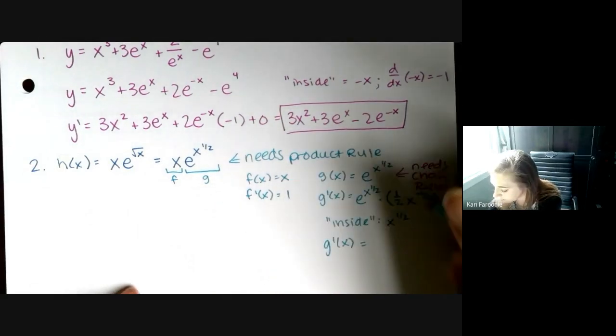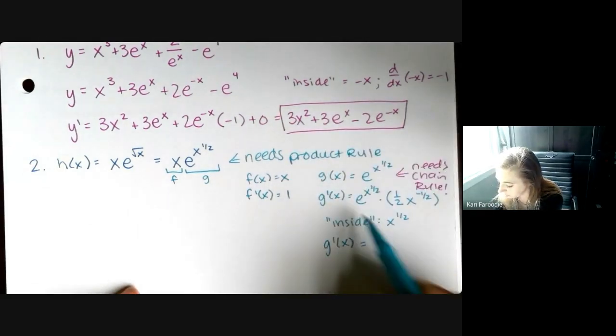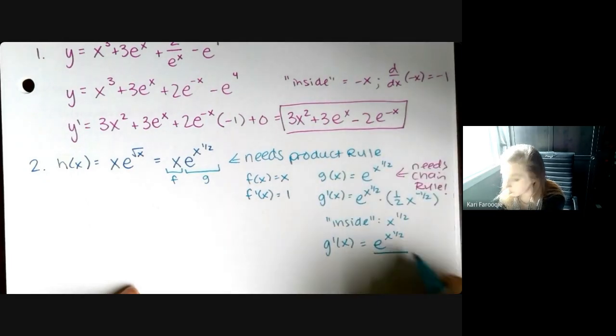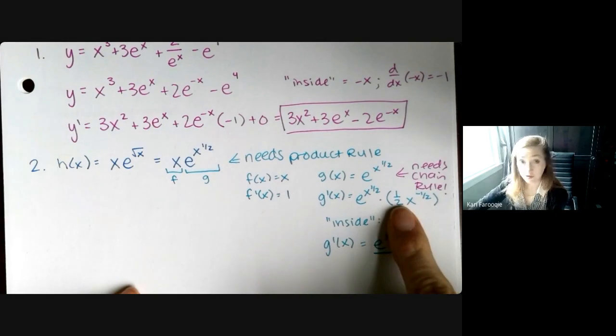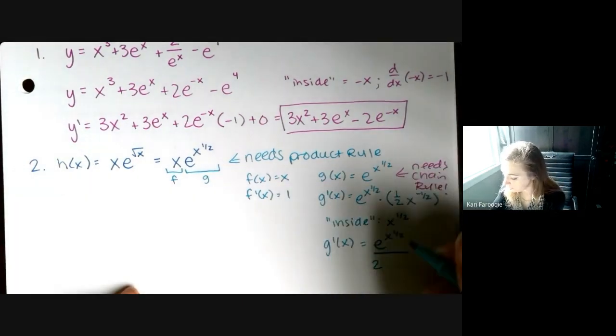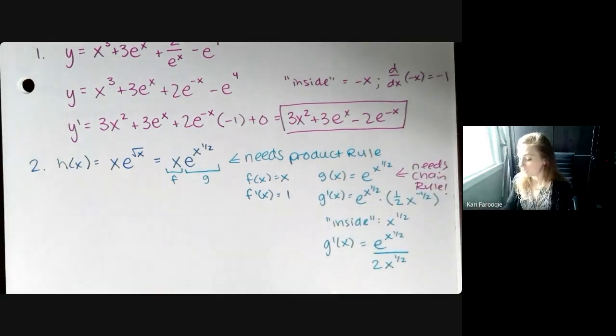So I'm going to rewrite my g prime as, I'm going to leave e to the x to the half in the numerator. And I'm going to leave this 2 from the 1/2 in the denominator. And then x to the 1/2, or x to the negative half, I'm going to bring it down into the denominator as x to the positive.